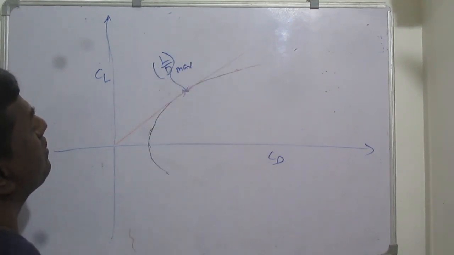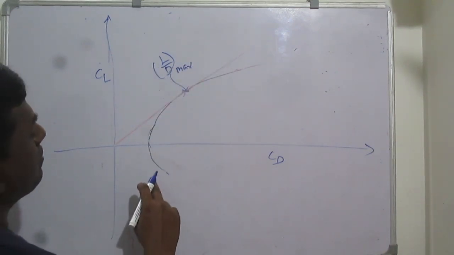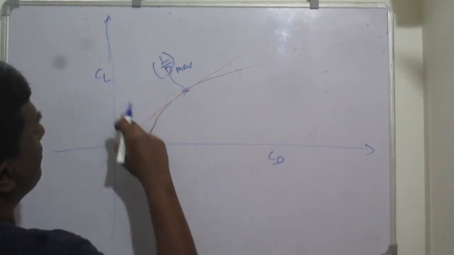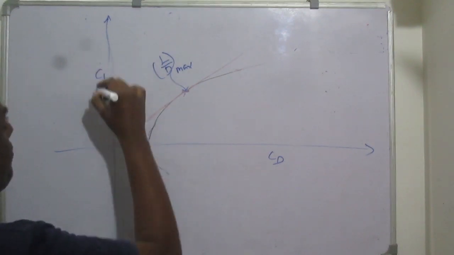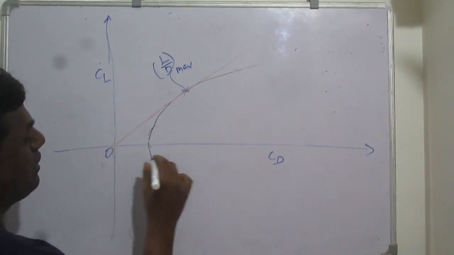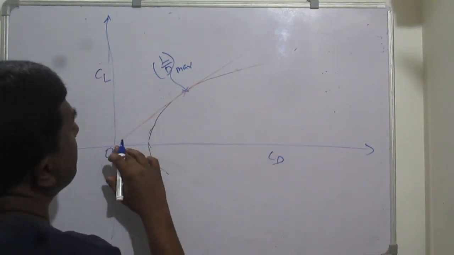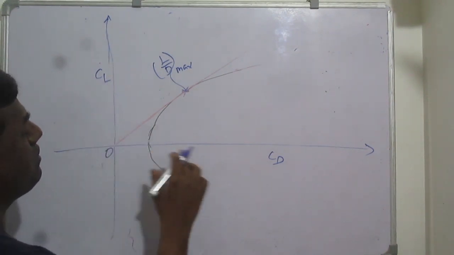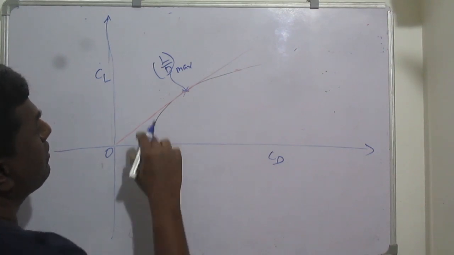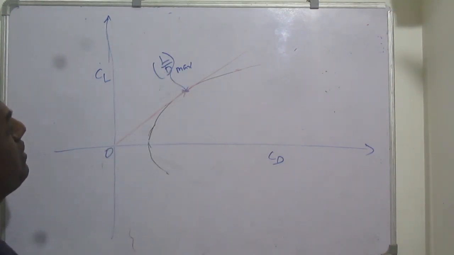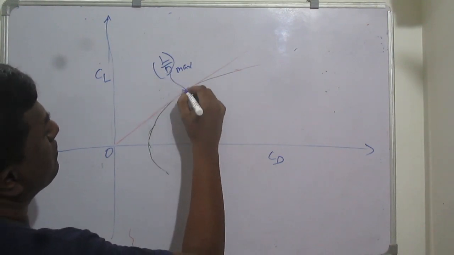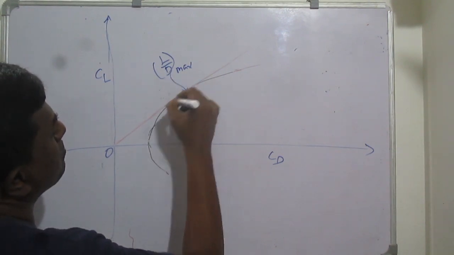This gives the L by D max, because from this graph we will know the data. If you take different values of CL and different values of CD and find the L by D ratio, then the maximum L by D ratio will be achieved at this point.